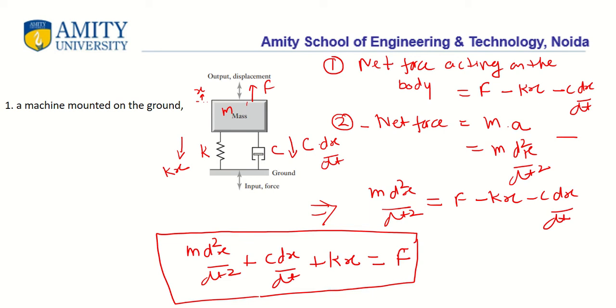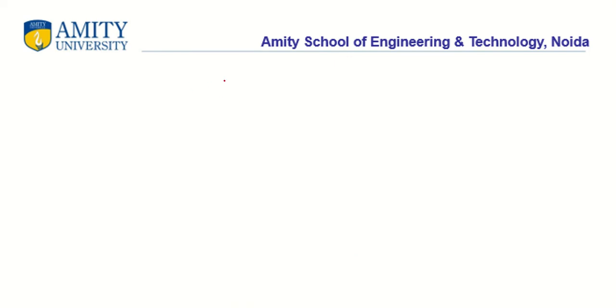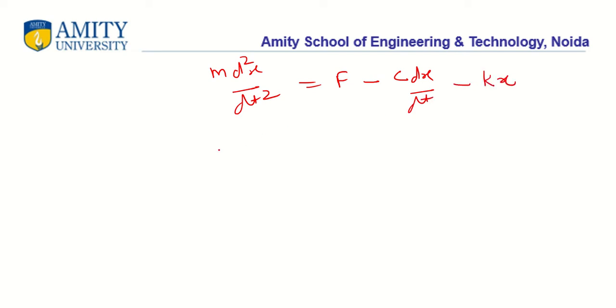Now for simulation, we need to first change it in such a manner: m d2x by dt square is equal to F minus c dx by dt minus k into x.